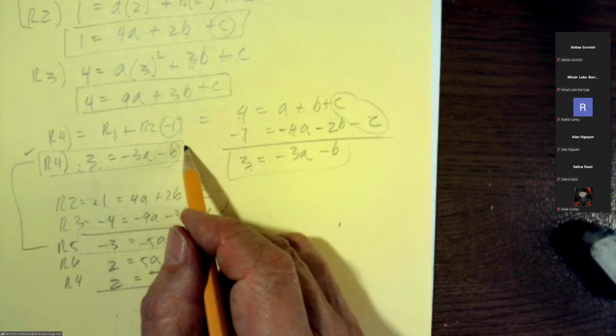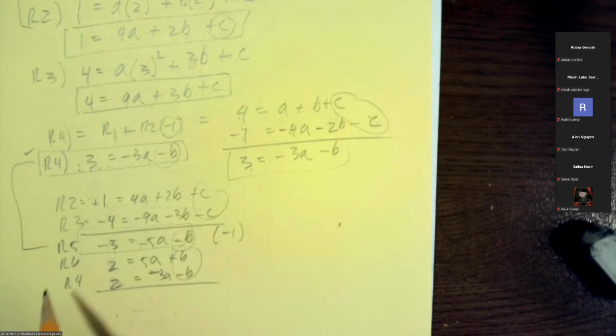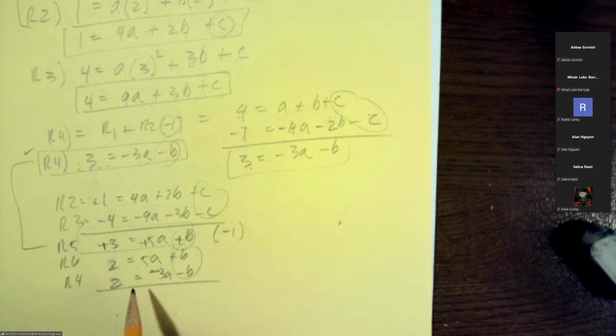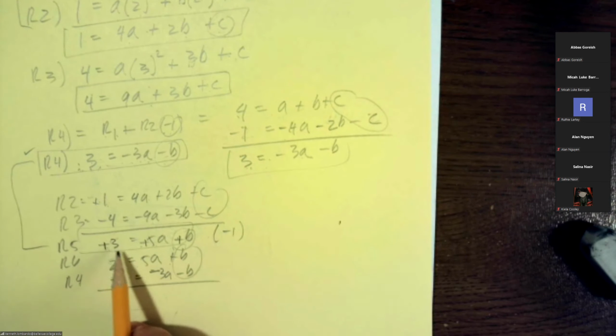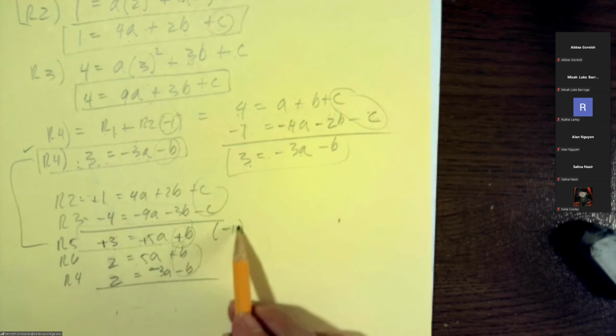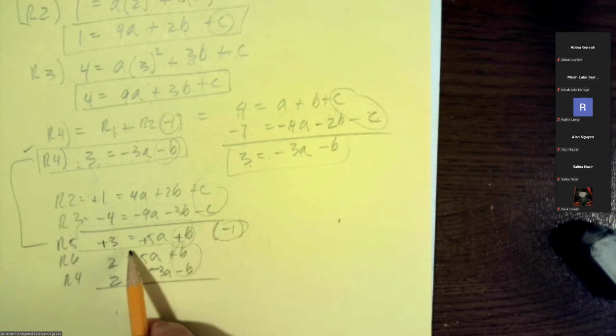So let's see, if we multiply that row 5 by -1, that's going to be a positive, positive, positive. So 3 equals 5. That looks better. Yes, we multiplied this -1 out here.